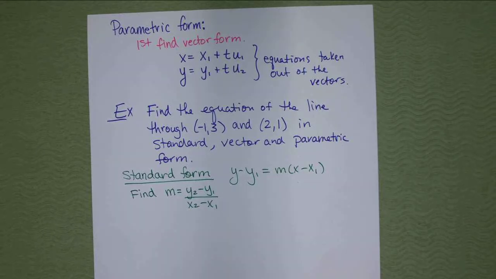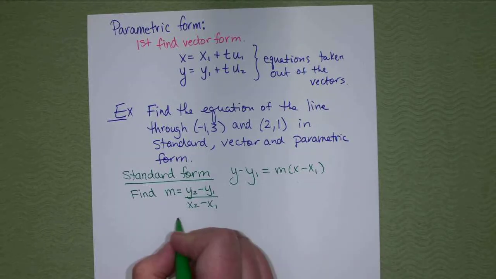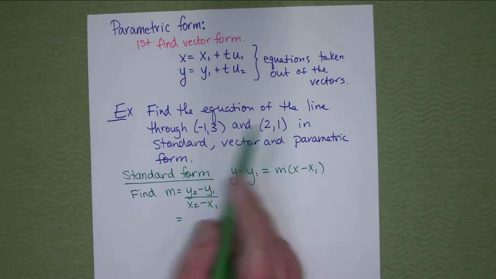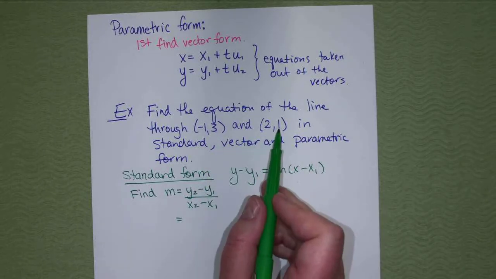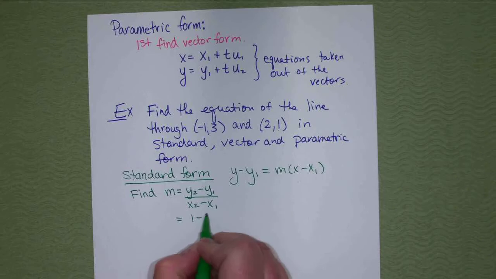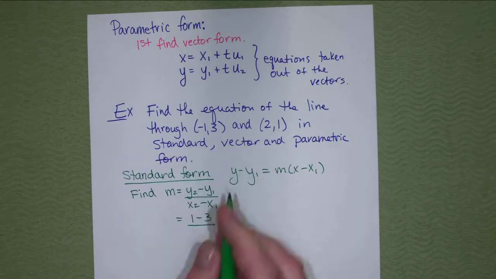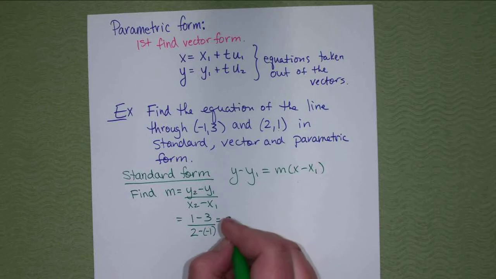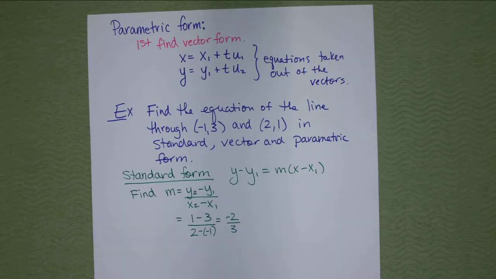Whatever order we take the points in. So 1 minus 3 over 2 minus negative 1. So our slope is negative 2/3.